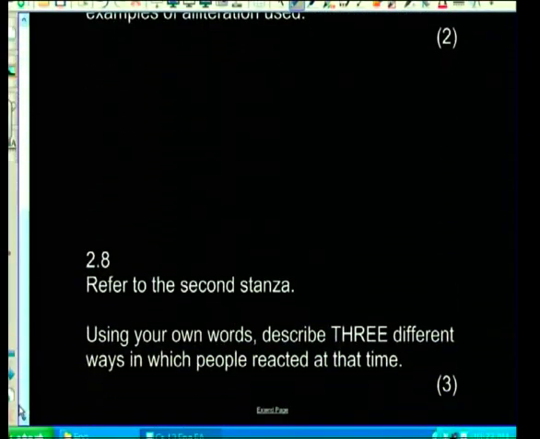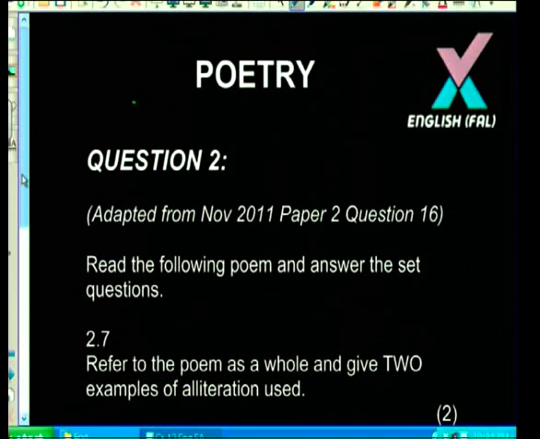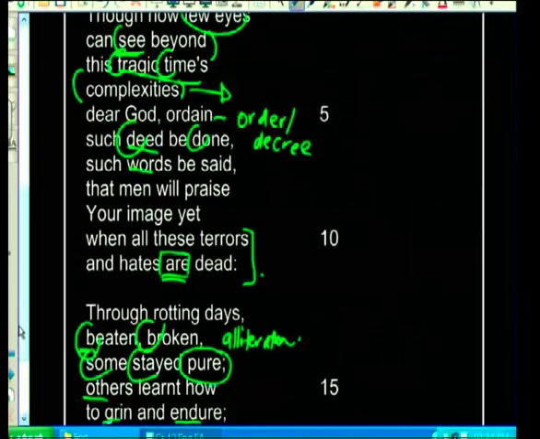Next question. Second stanza. Using your own words, describe 3 different ways in which people reacted at that time. Now remember how the poet spoke about some people kept their hearts pure. Some people couldn't see beyond that time. We can go back to the poem and see, this is where it is in stanza 2.